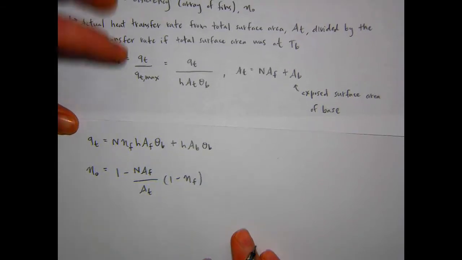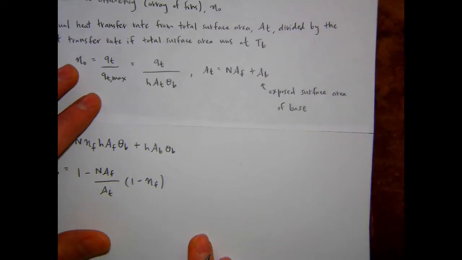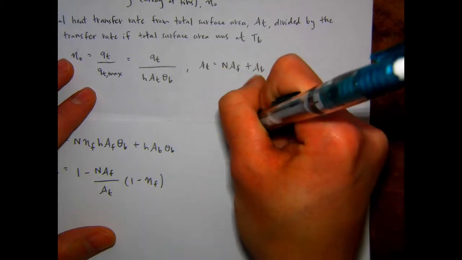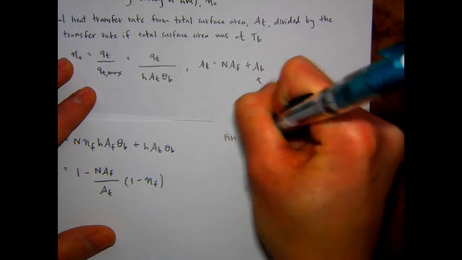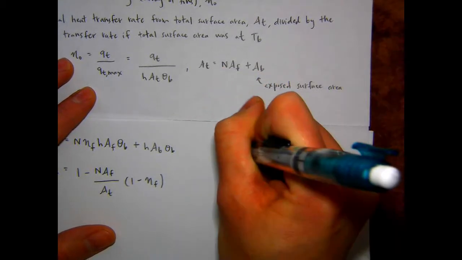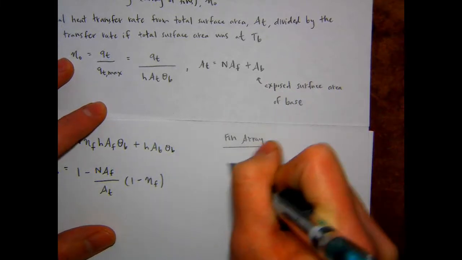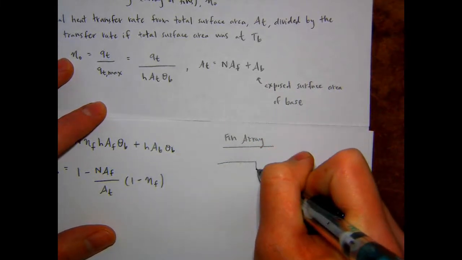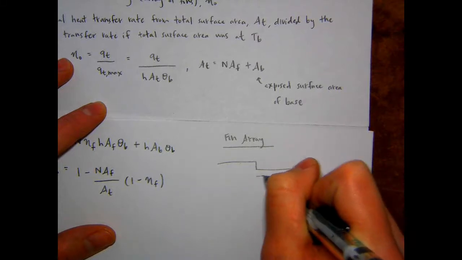I think it might be helpful, I didn't draw this initially, just to put up a little picture of the fin array so you can see where all the different areas are and how they're defined. Let's take a side view.